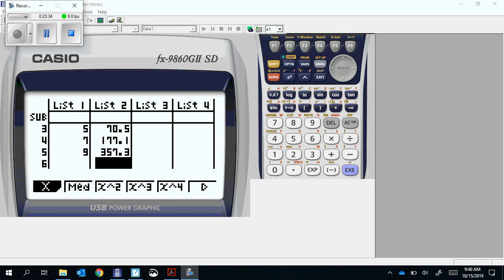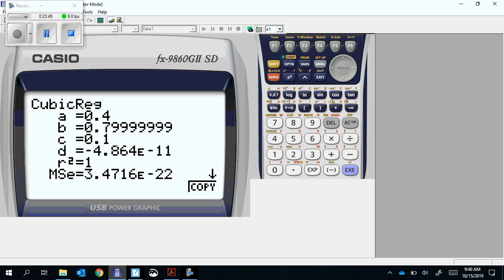All right, so once you get it all typed in, we are doing a cubic regression because that's what it says in our directions. So cubic is x to the 3rd. We've got our equation right there. 0.4, 0.8, 0.1.